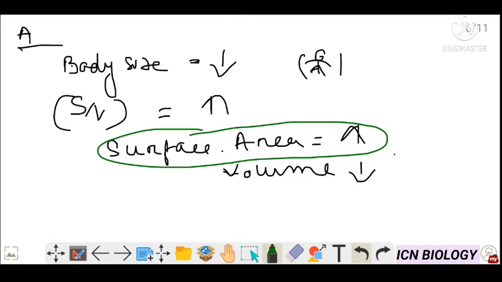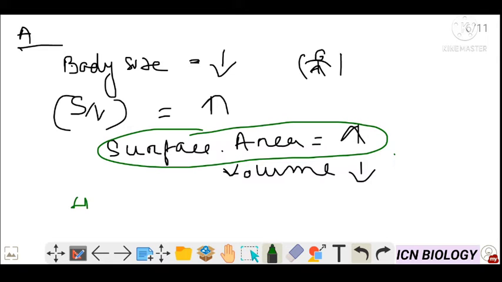To maintain the body temperature with the environmental temperature, it should have more surface area. If surface area is more, then it radiates more energy in the form of heat, right?